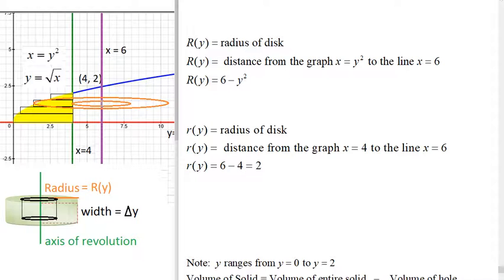Now for the inner radius, which is from here to here, this is the line x equal to 6, and this is the line x equal to 4. And so the inner radius will be 6 minus 4, which is 2. And now we can set up the integral to find the volume of the solid.